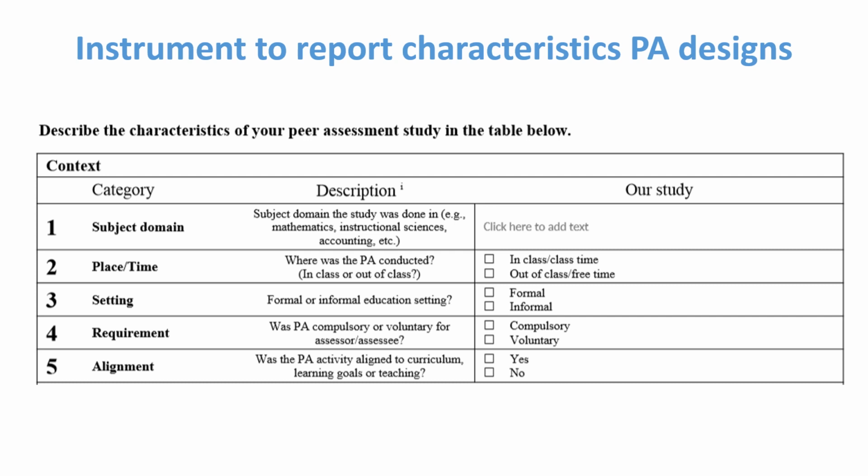And we believe this is really important to be filled out when we are reporting our peer assessment studies. But also, again, as I was mentioning, as a teacher, we can use the instrument to reflect on whether we have considered all the features that could be relevant when we are trying to implement peer assessment in our classrooms.